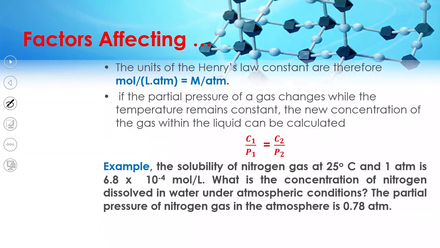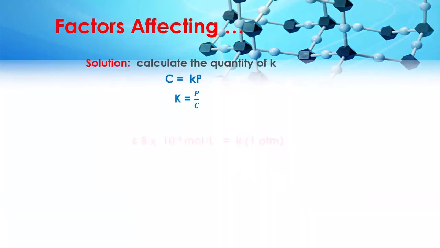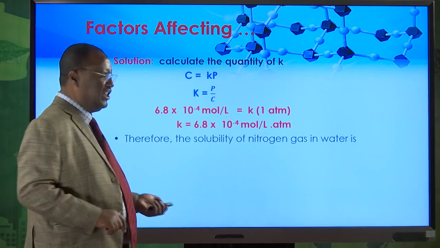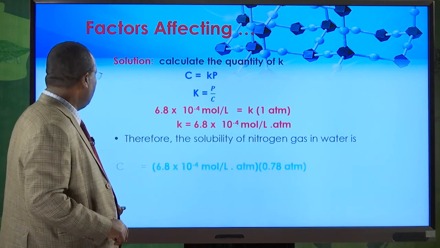For example, what's the solubility of nitrogen gas at 25 degrees Celsius and 1 atmosphere? What is the concentration of nitrogen dissolved in water under atmospheric conditions? The partial pressure of nitrogen gas in the atmosphere is 0.78 atmosphere. Let us calculate the dissolved amount of nitrogen gas.